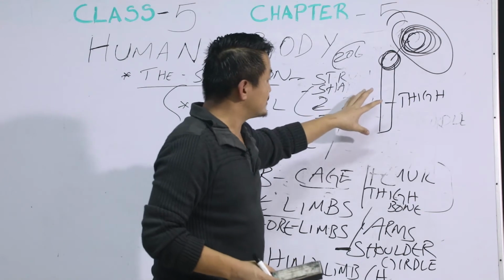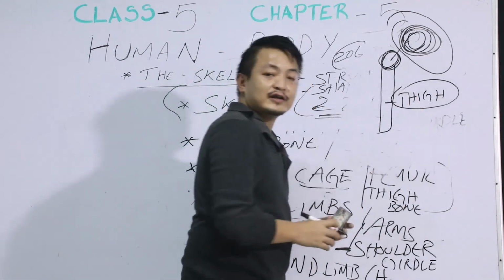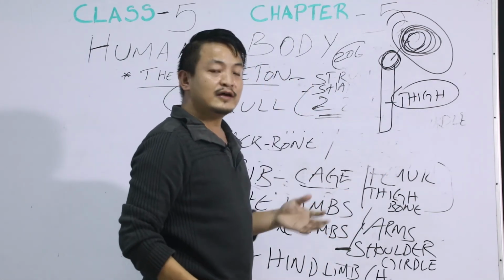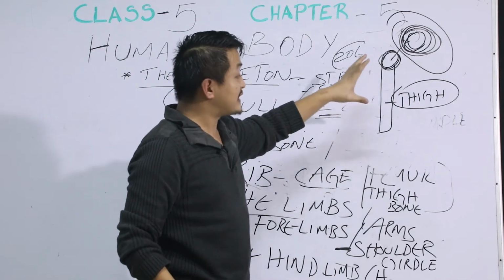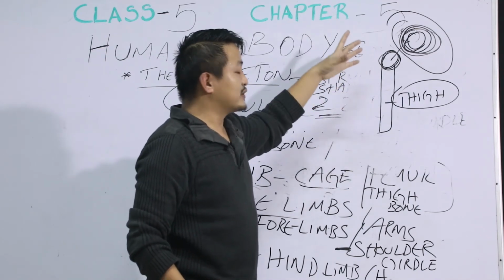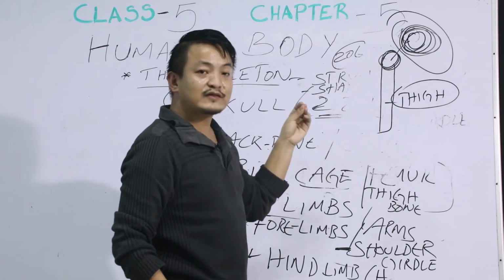This is the most important part, for walking, for dancing, for working out. So this thigh bone is attached with the hip girdle in the form of a ball and socket joint.